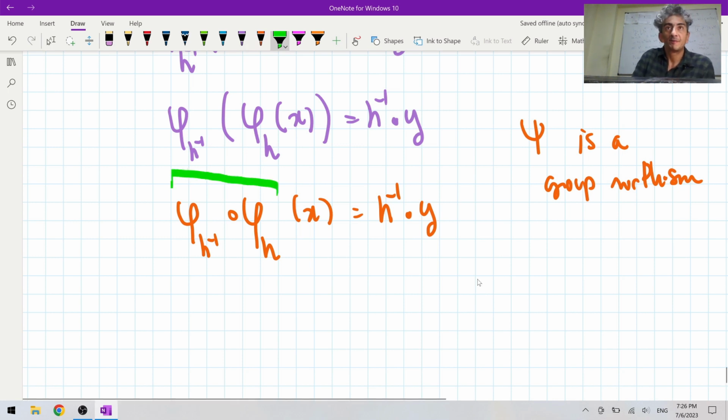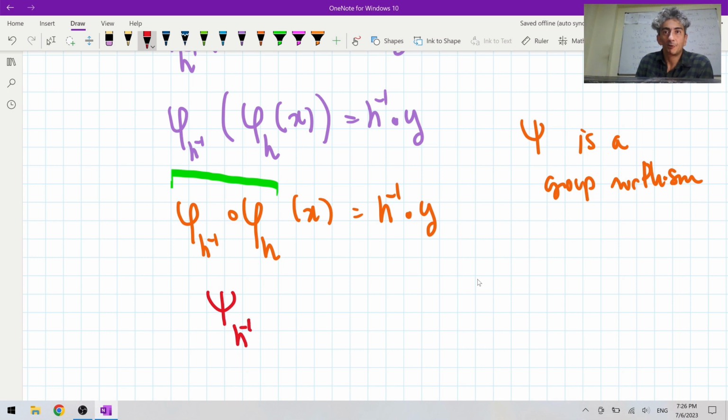This ends up being psi of h to the minus 1 times h acting on X.